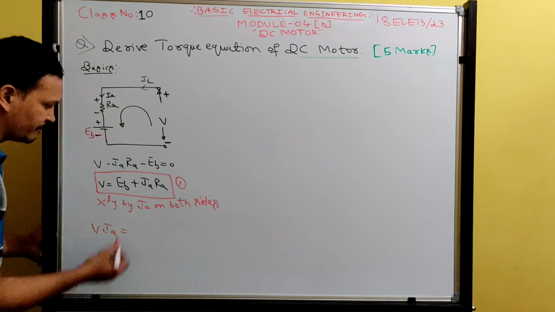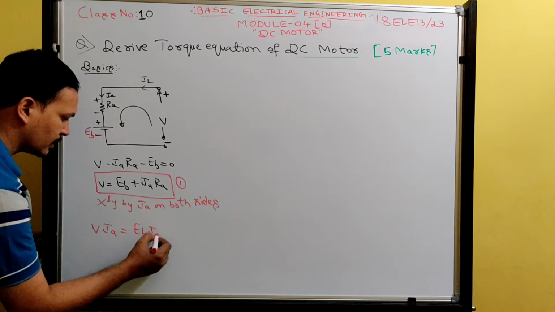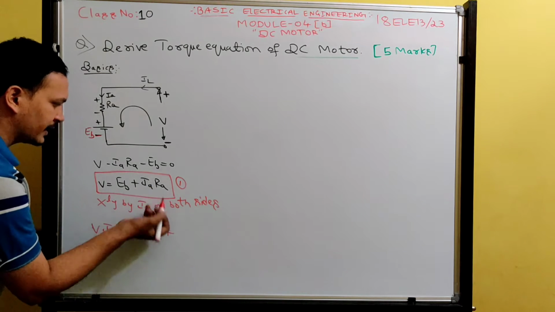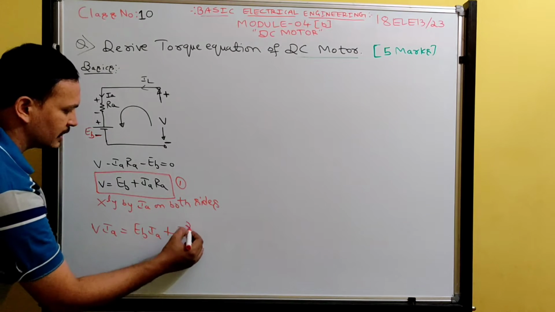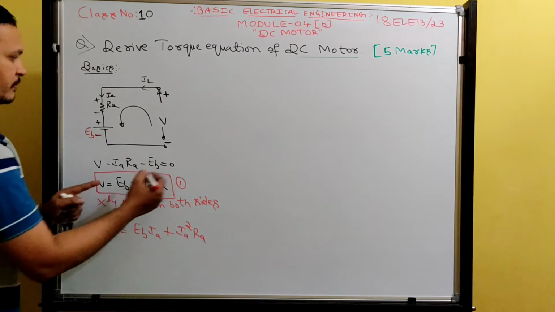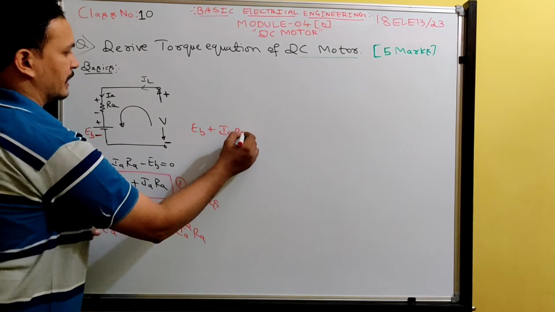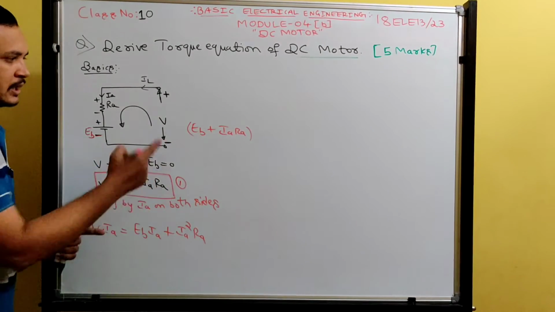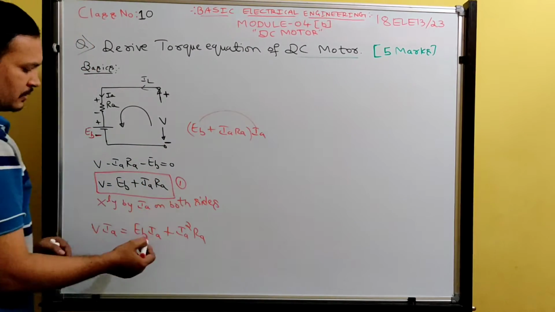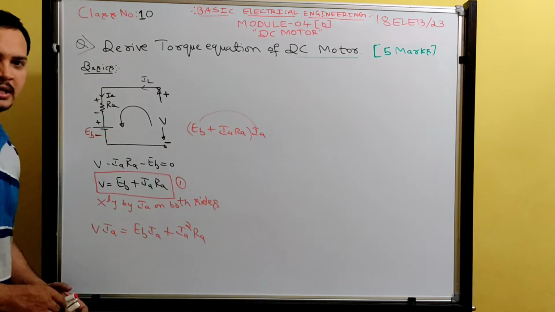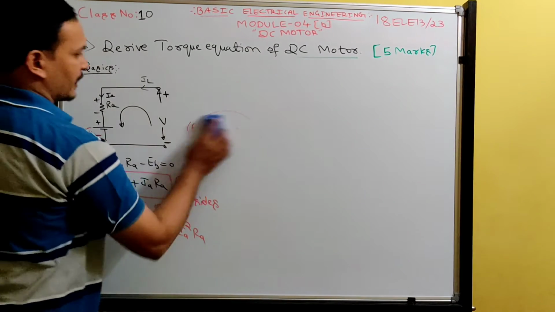On the right hand side, EB into IA plus IA into IA, that is IA square RA. The right hand terms are multiplied by IA, so we get one term EB IA, and another one IA square RA.